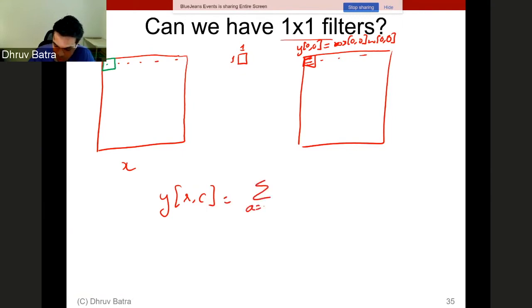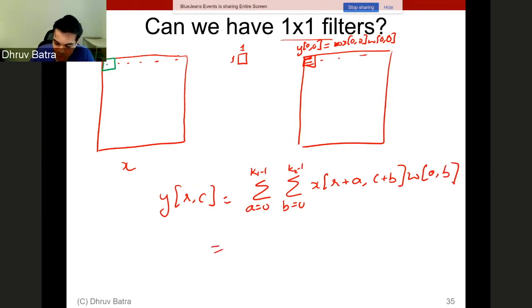And the expression tells us that analytically as well. Y r,c, we remember we're summing over spatial dimensions a, b going from 0 to k1 minus 1 and 0 to k2 minus 1, X r plus a, c plus b, W a,b. That's how we were defining convolution. Well, if k1 and k2 are both 1, this summation basically goes away. There's just one expression here, and that's X r,c times W 0,0.